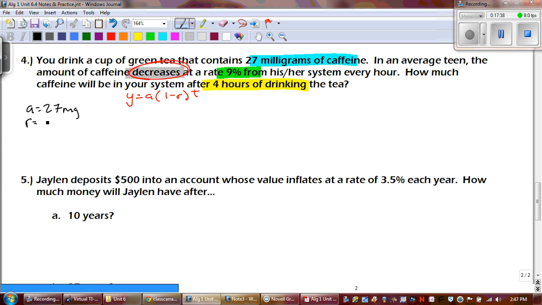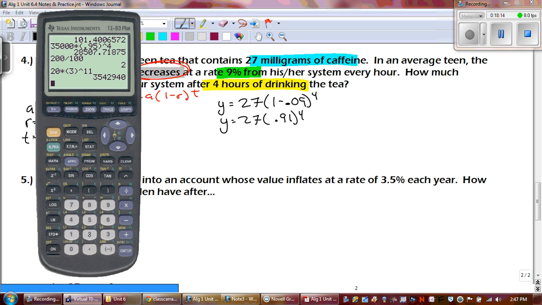Our rate is 9%, which is 0.09. And our time, they straight out tell us, is 4 hours, okay? So y equals 27 times (1 minus 0.09) to the 4th power. 1 minus 0.09, if you have $1 and you take away 9 cents, you now have 91 cents. And let's go ahead and plug that in. We have 27 times 0.91 raised to the 4th power.